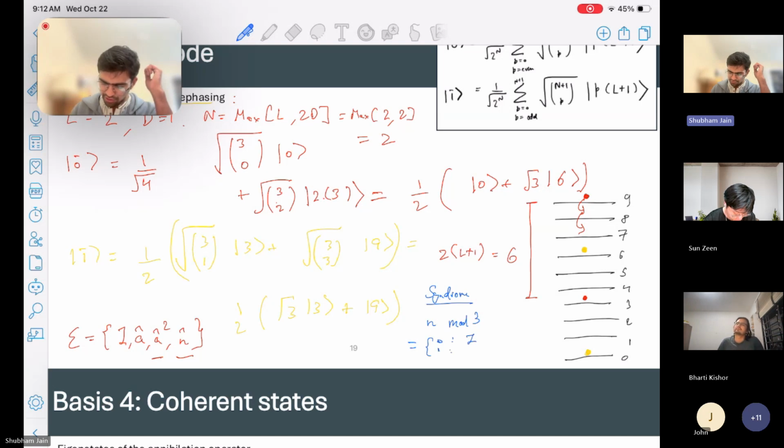If this is 1, then we have a single photon loss, and if this is 2, then we have 2 photon losses occurring in our system. Actually, I think this is -1 and -2. Yeah, -1 and -2 actually. So 0 is the identity, -1 is a single photon loss, and -2 is 2 photon losses. In this way, we can determine the syndrome of the error for this particular code.